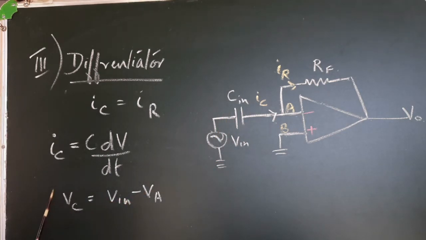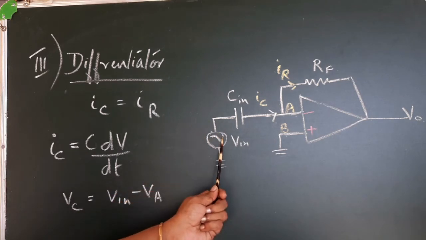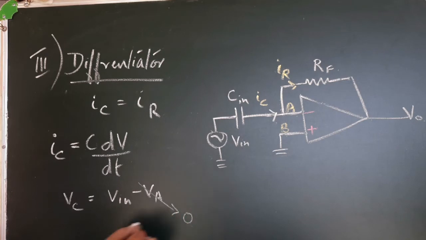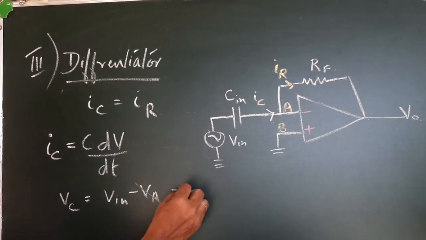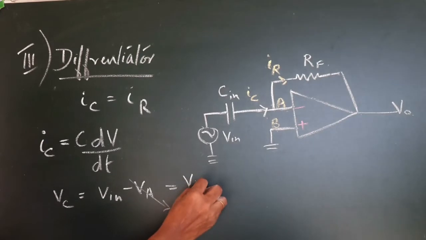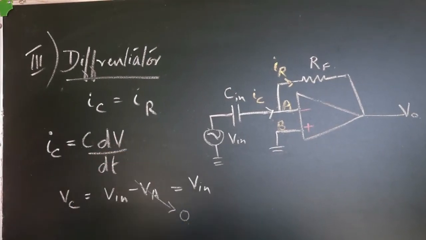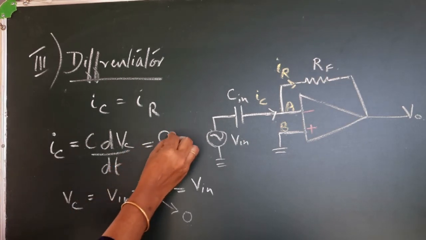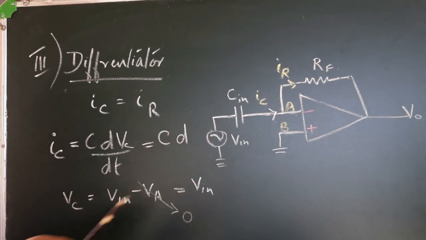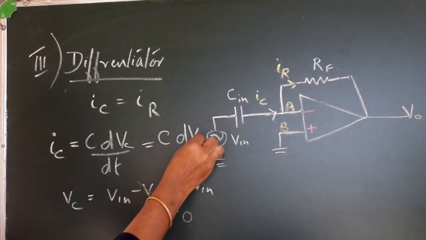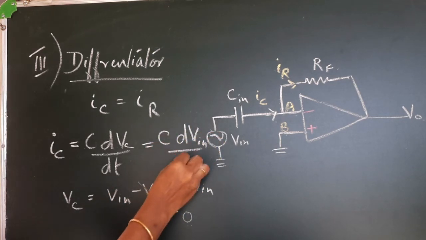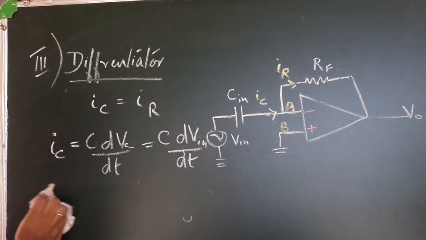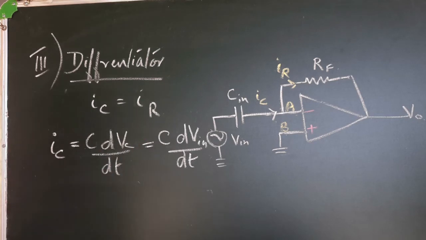VC, voltage across the capacitor, equals V in minus VA. But you know that VA is 0 because of virtual ground. So VC is nothing but V in, so IC is C dV in by dt.